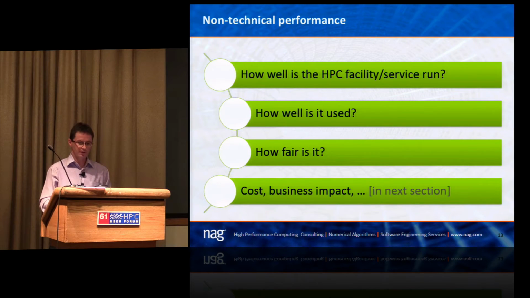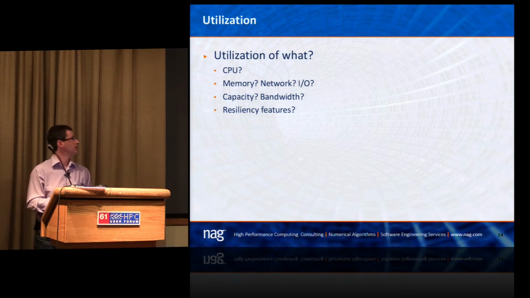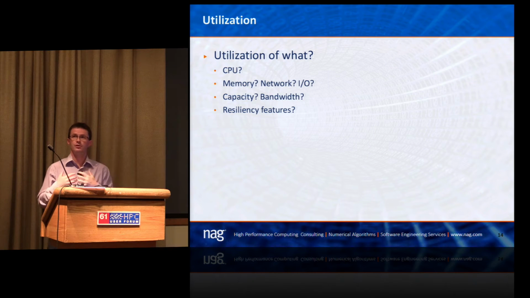When we talk about the measurement of the service as a whole, we often focus immediately on the measurement of the utilization of the system itself. And this is one of the most common things that HPC services will measure as part of their facility: the utilization.